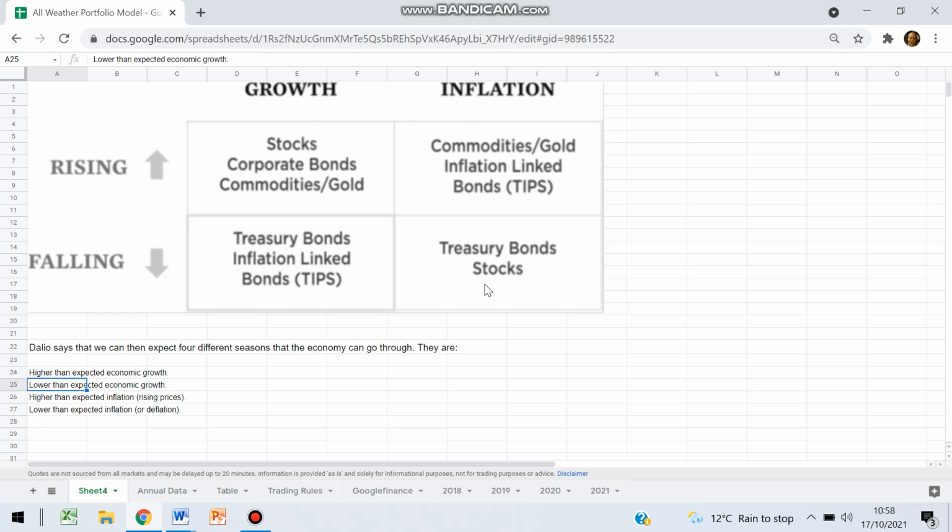But if interest rates are already very low, then there's less scope to cut interest rates, and it might be more that just money is pumped into the economy instead. So that's a potential area where this paradigm can break down, and maybe bonds won't perform as well as expected in times of falling economic growth.